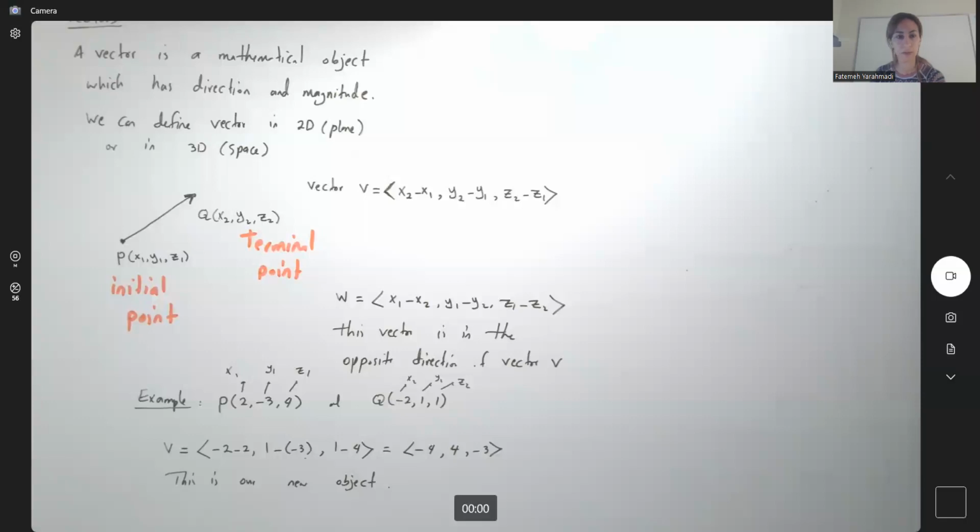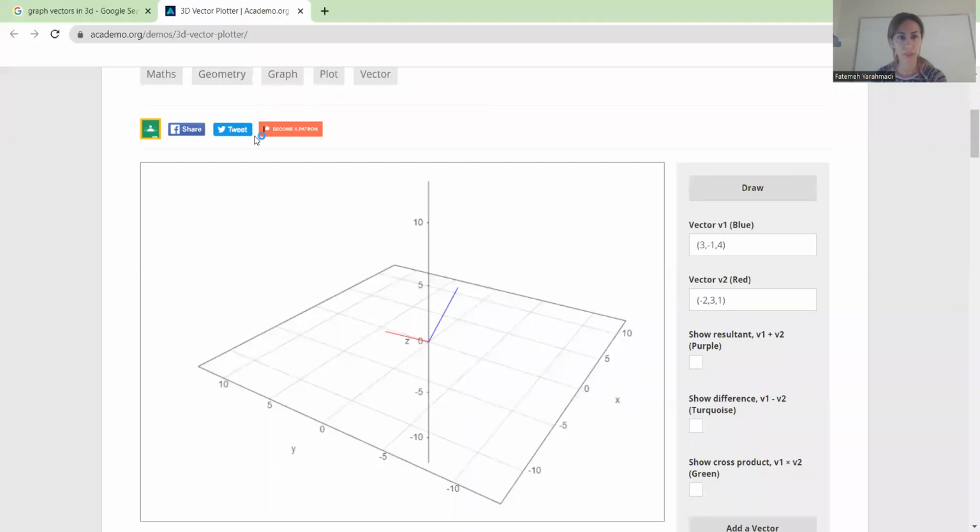We have many websites that help us to graph 3-dimensional objects. For example, one of the websites that we're going to use is academo.org. So in this case, let's follow the vector that we have here, the vector is -4, what we calculated, -4 and 4 and -3.